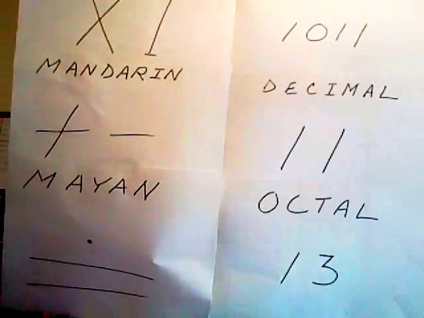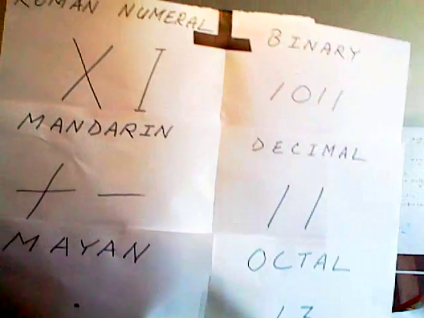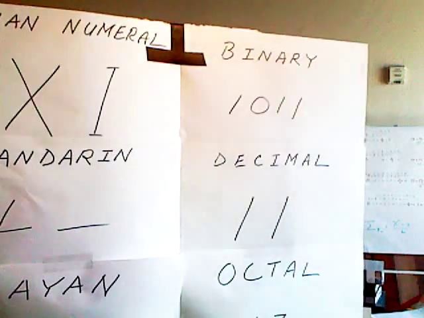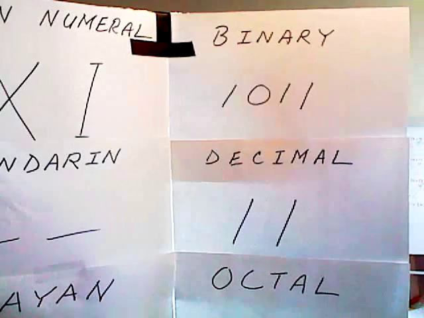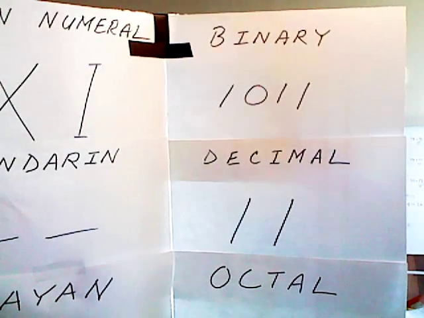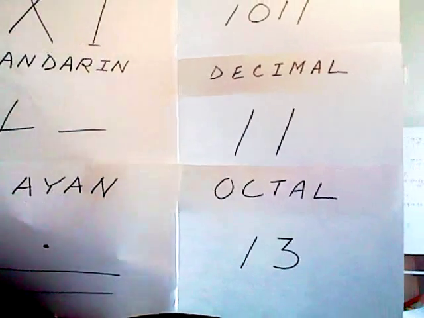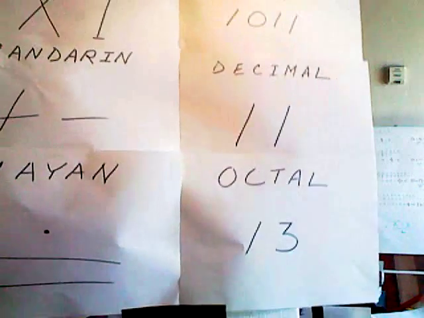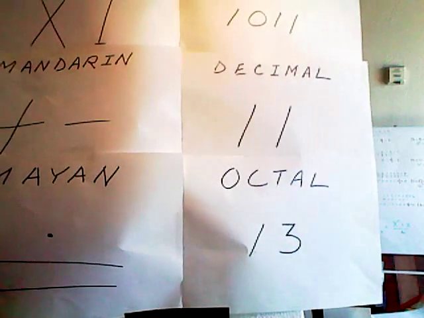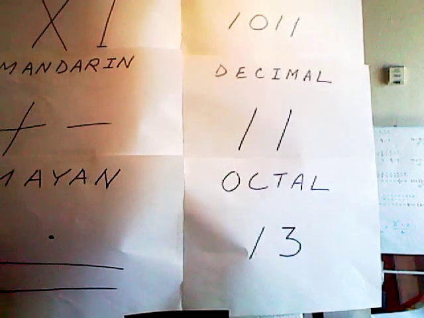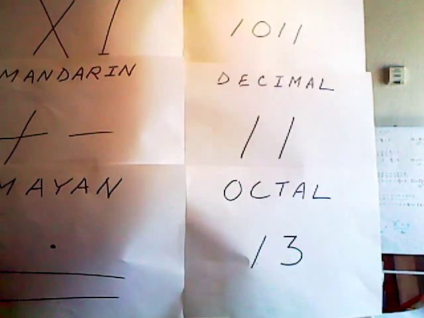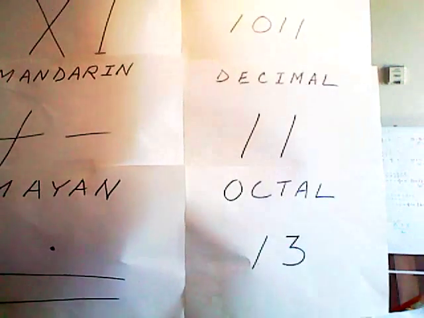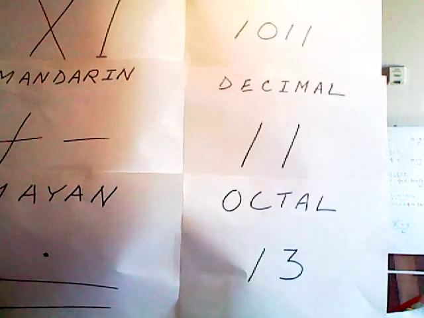And you'll notice octal and decimal and binary. Just look at that binary number. It takes 4 digits. And you can see that, fascinating enough, that in octal, 2 to the 3rd is 8, and there's 3 to the 1st.